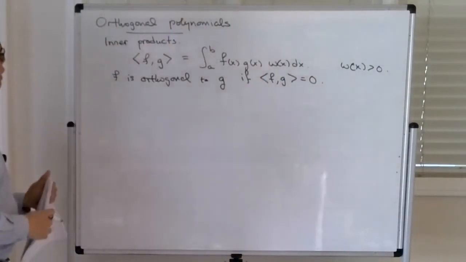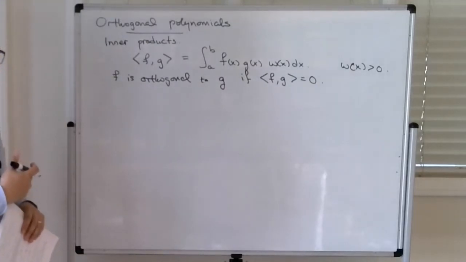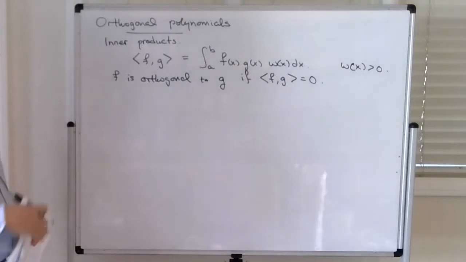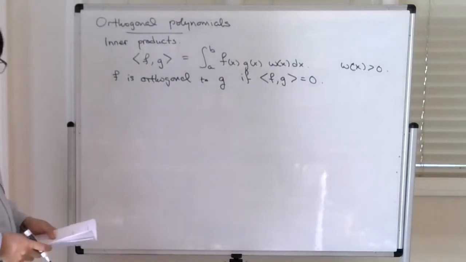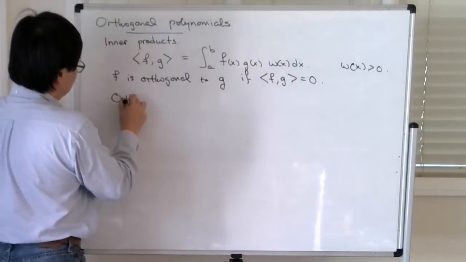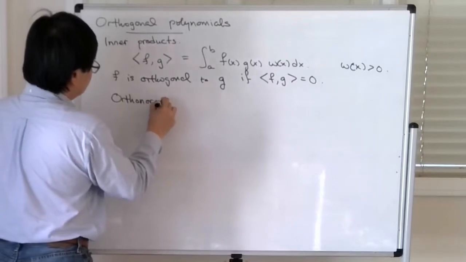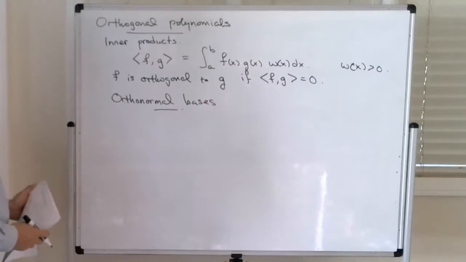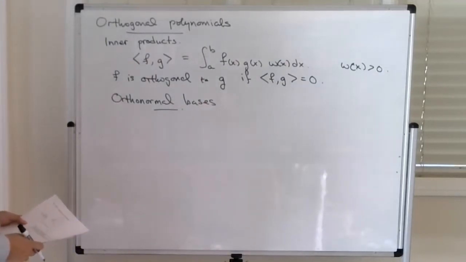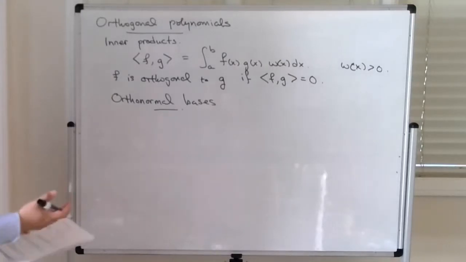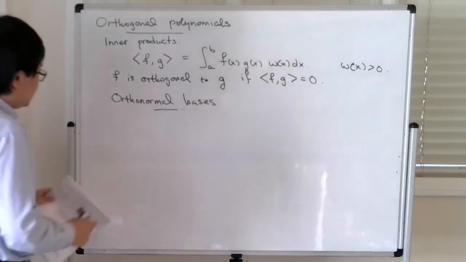The same way that you can take a basis for a vector space and then construct an orthonormal basis, you can do something similar with functions. The construction is very similar to what you have with finite dimensional vector spaces, and you've probably seen this idea of the Gram-Schmidt process.